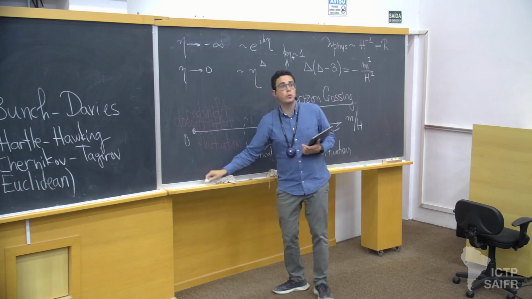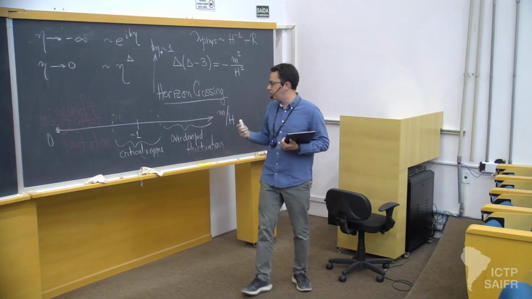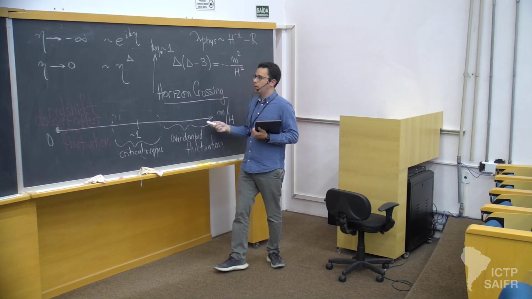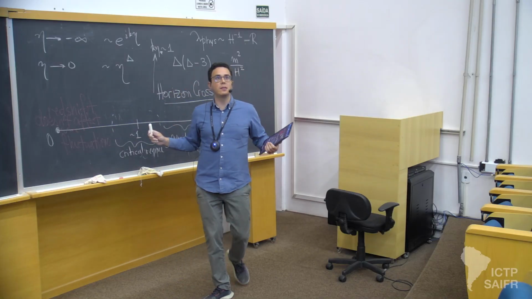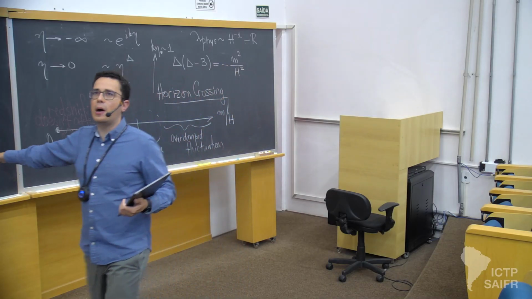So your usual intuition of massive particles getting redshifted away kicks in here. Anything of mass Hubble and lower looks massless, meaning that things decay like power laws.